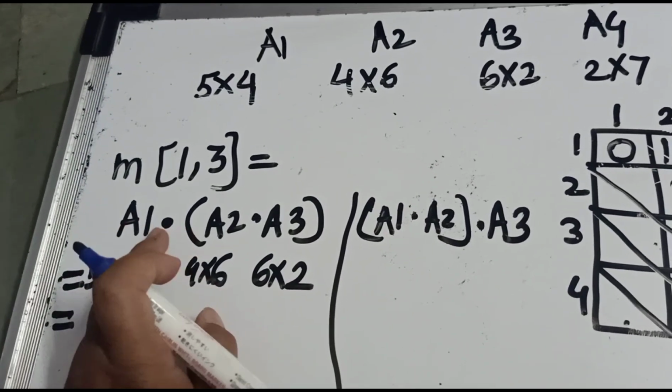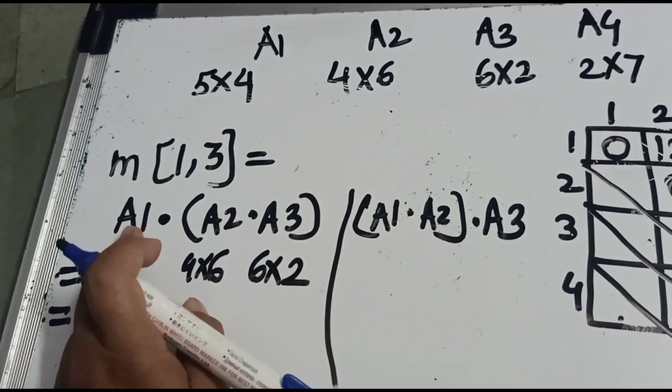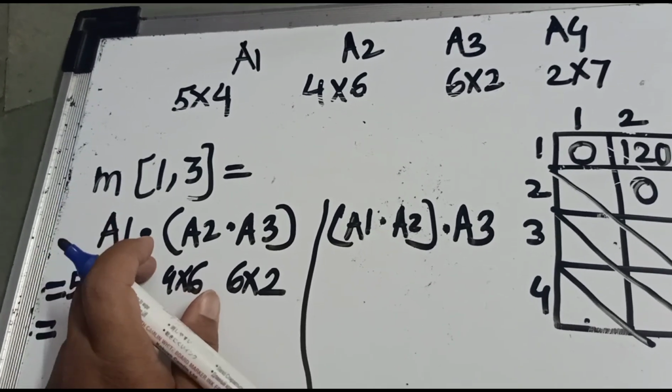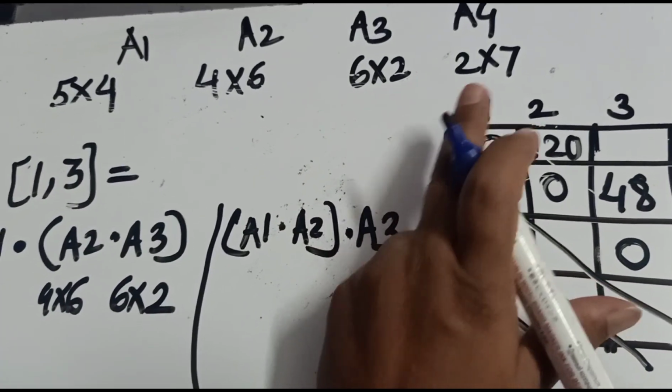Now A1 is a single matrix here. So what is the cost of multiplying matrix 1 to 1? It is 0.